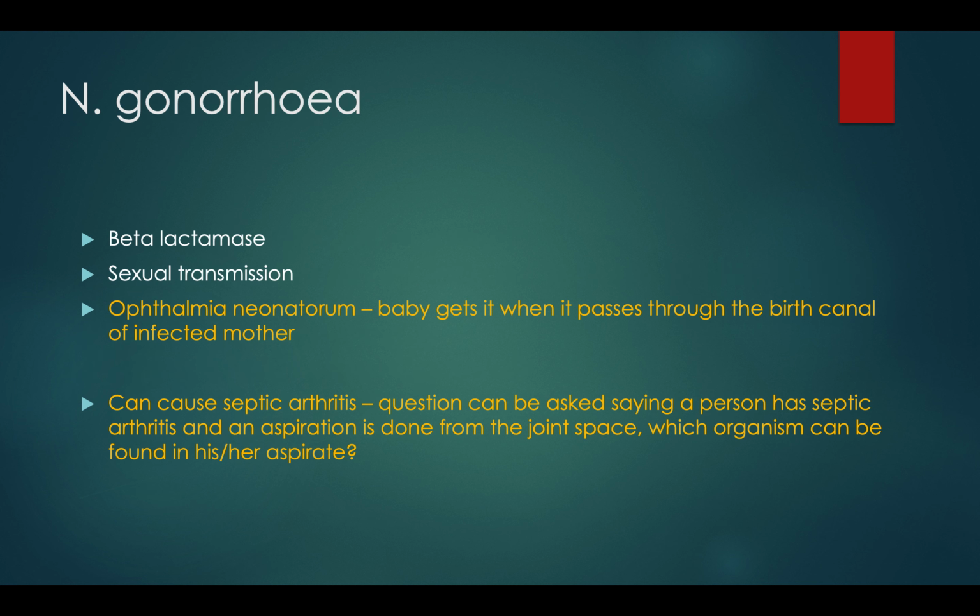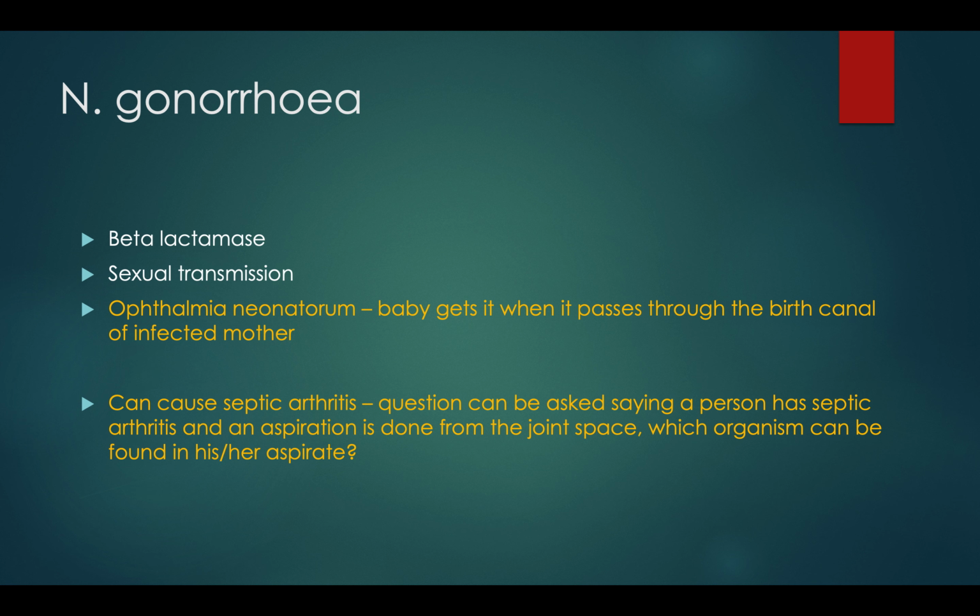Then we have N. gonorrhoeae. It is a beta-lactamase producing organism again, so it's not going to be affected by penicillins. There's no point in giving this patient penicillins because it's not going to affect them. Gonorrhea is a sexually transmitted disease, so not much information about this one.